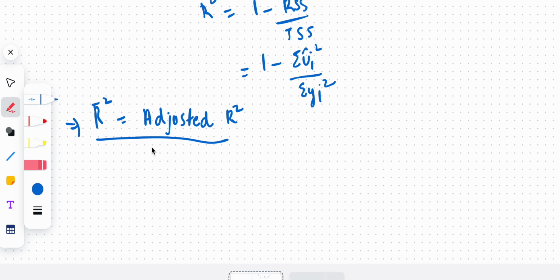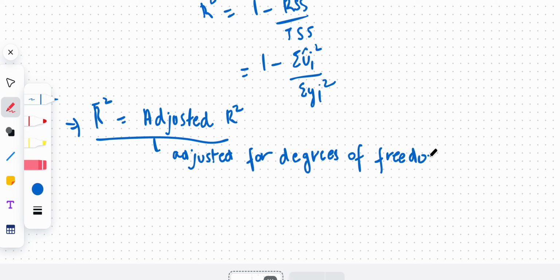Adjusted R square is basically adjusted for degrees of freedom, right?